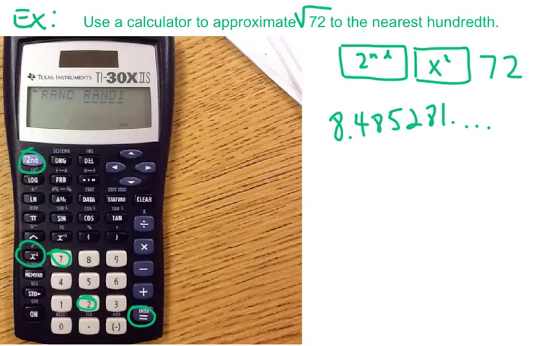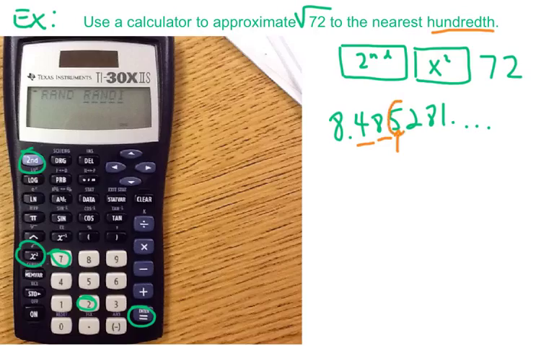So we are asked to round to the nearest hundredth, so you have to know your place values. The first number after the decimal point is the tenths. The second number is the hundredths. And then the third number is the thousandths. So that third number in this case is going to help us know if the hundredths should round up to a 9 or if it should stay the same as an 8.